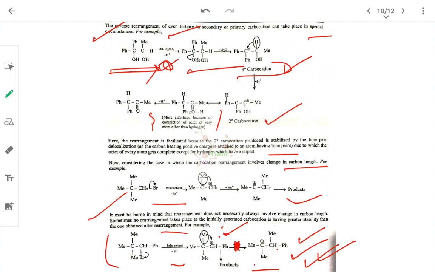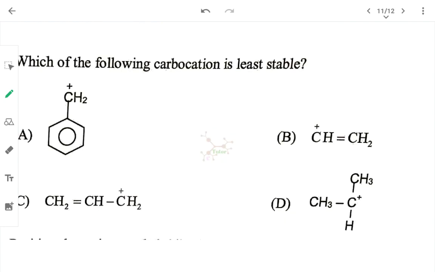Okay. Now, in this question, look: which of the following carbocations is least stable? Least stable, mind it. In our question, it is least stable, not most stable.